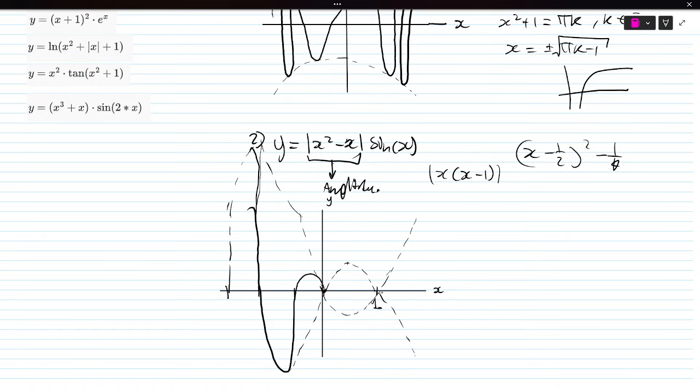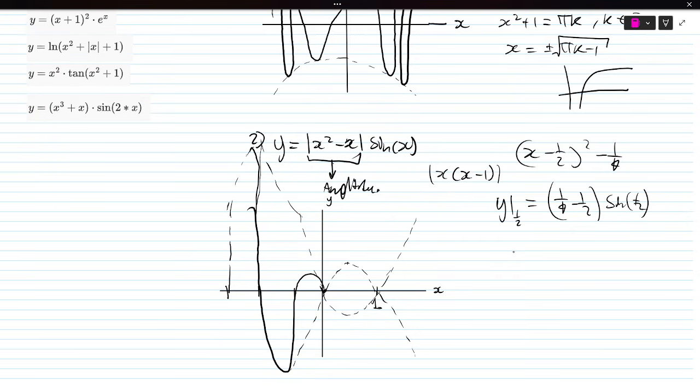What would happen here? I'm not sure. Let me see. The turning point happens at a half. So I'm going to evaluate this. It's going to be a quarter minus a half, times sine of a half.